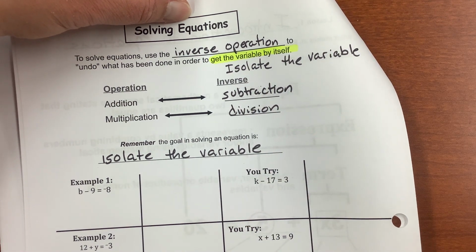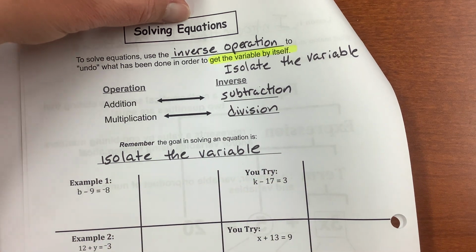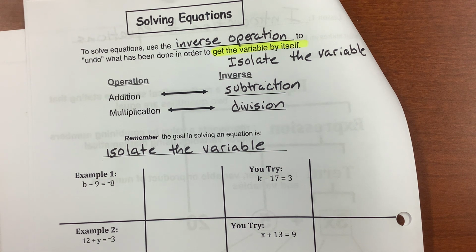But when you speak, you always want to sound like you're educated. So isolate the variable is what you would say. All right, these are one-step equations, relatively simple. So I am going to do examples 1, 2, 3, and 4, and you try the other examples. Because you know, the only way to learn math is to do math.